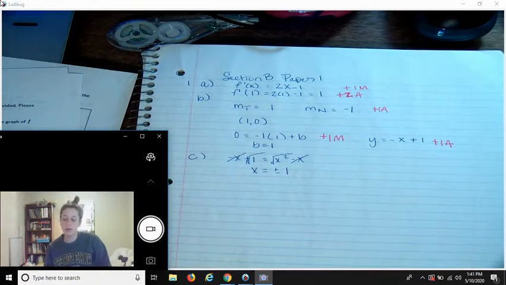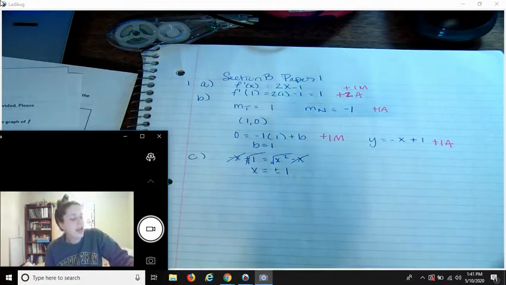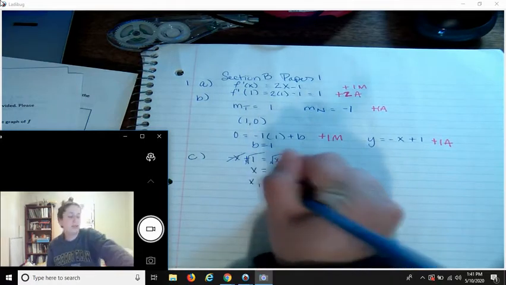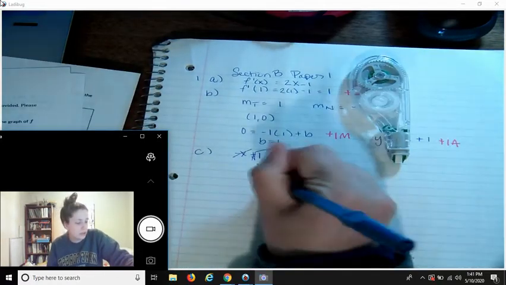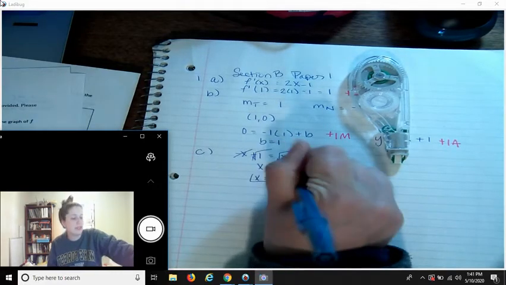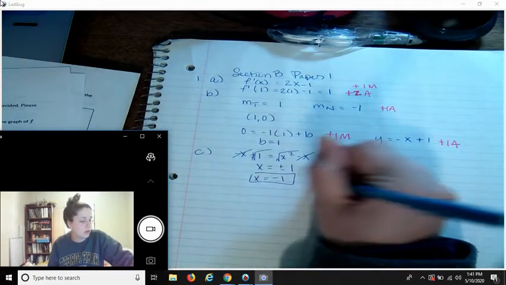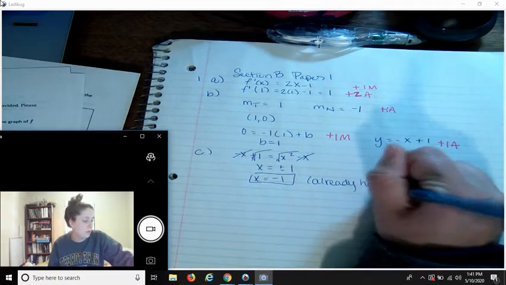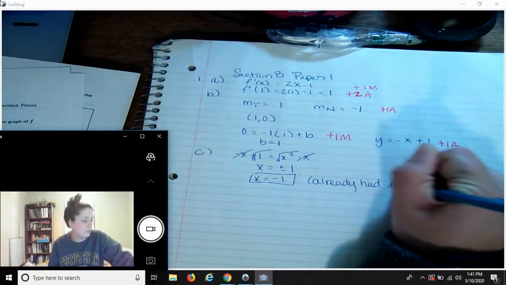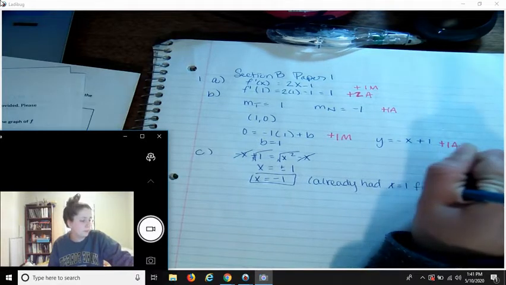And so you know that our original point P was positive 1, 0. So we have to choose -1 because we have already identified the first one. So x equals -1 was your correct answer, because we already had x equals 1 from P. Okay.